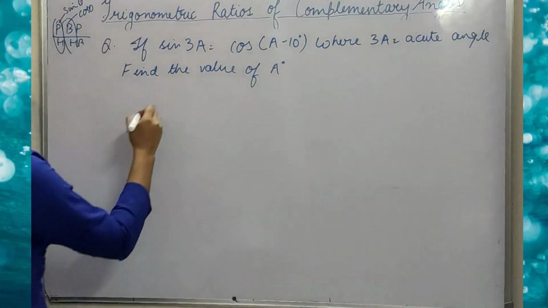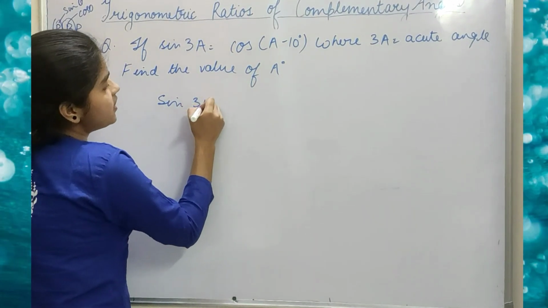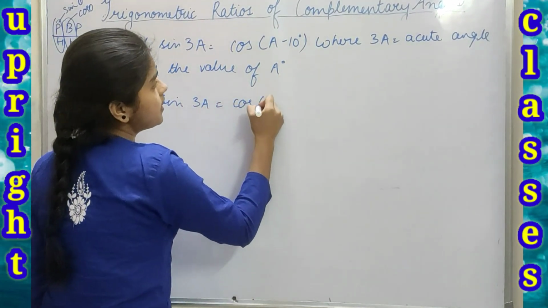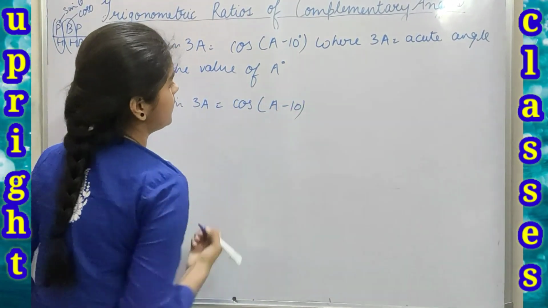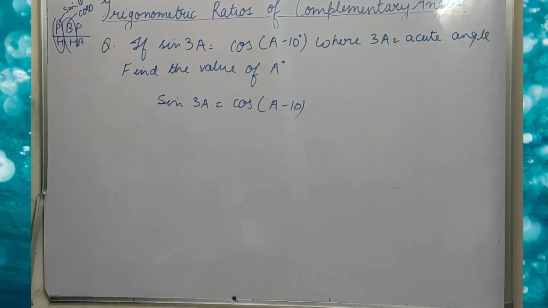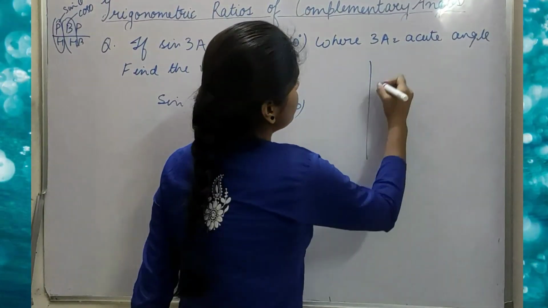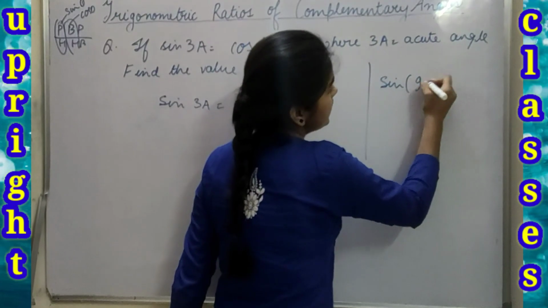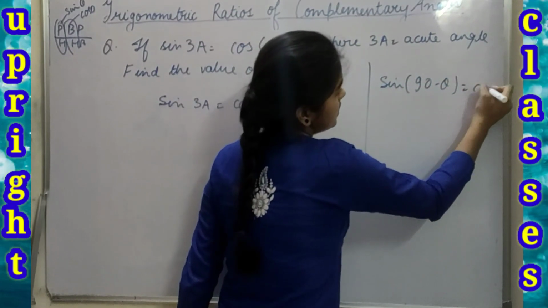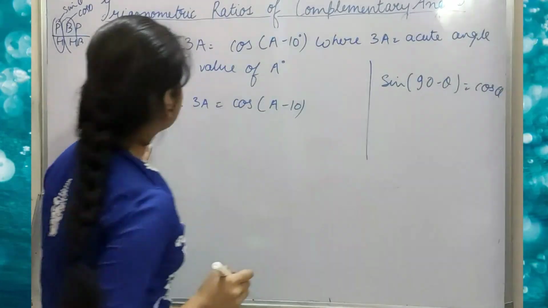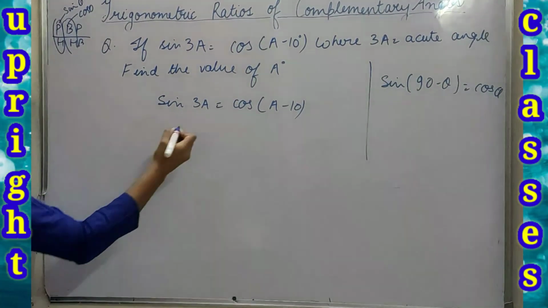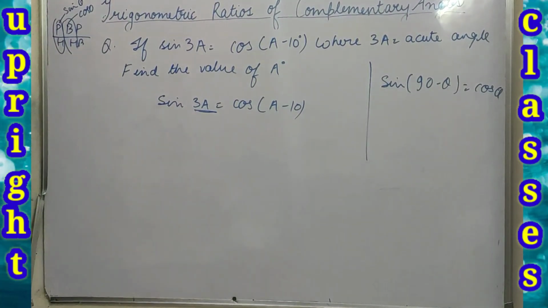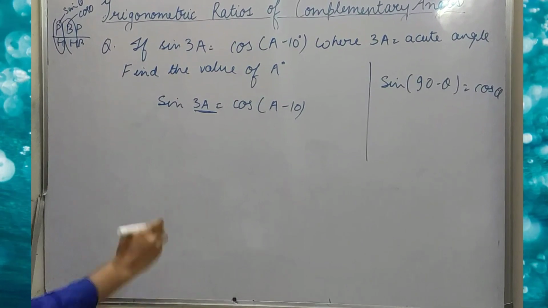So write it as sin 3A is equal to cos (A minus 10). We already know that sin 90 minus theta is equal to cos theta. So here you can write sin 3A as cos (90 minus 3A).